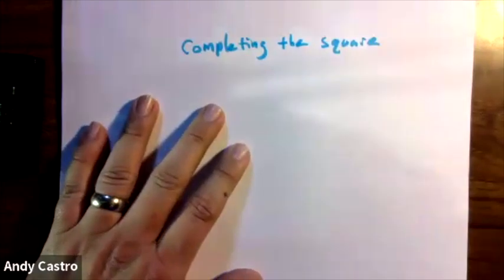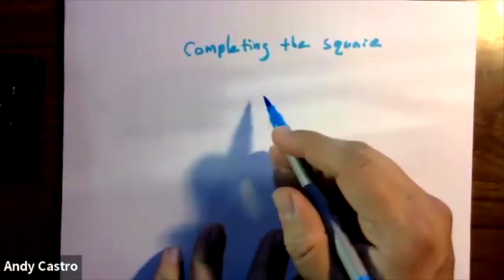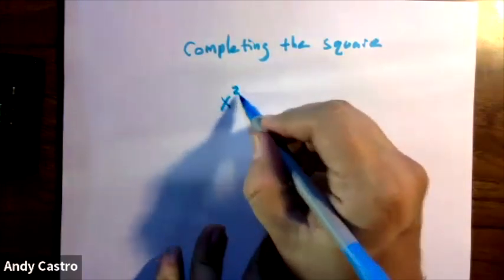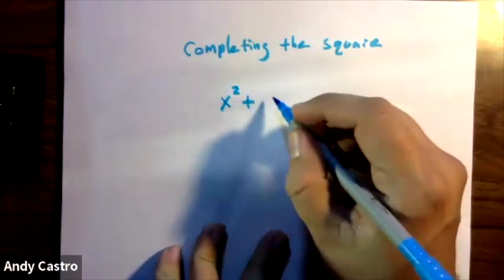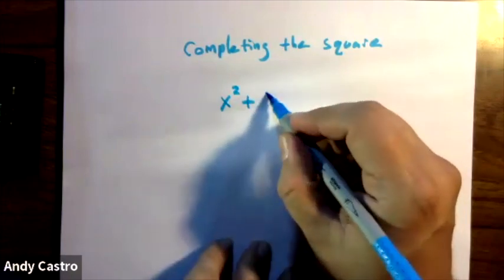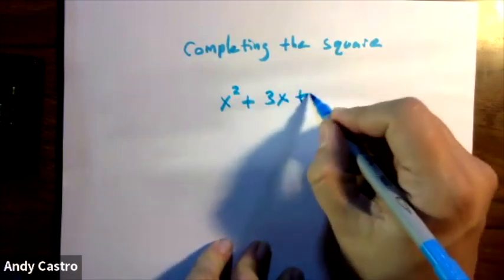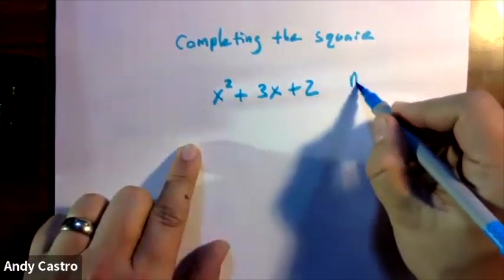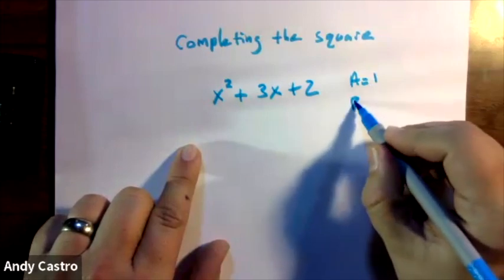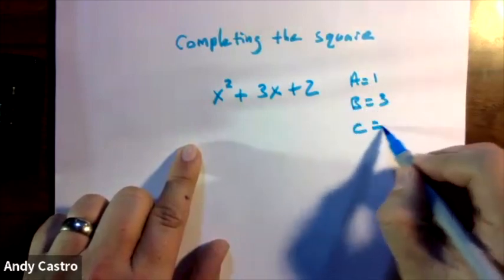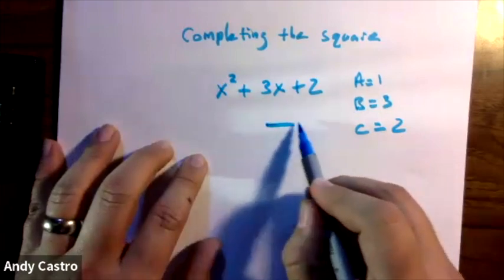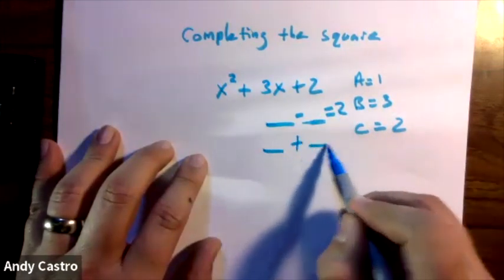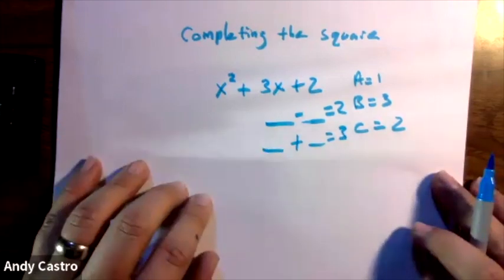What do I mean by this and what's going on? This is still looking at quadratics. If you remember, if I have x squared plus 3x plus 2, since a is equal to 1, then I can say two things that multiply to give me 2, but those same two things add to give me 3.